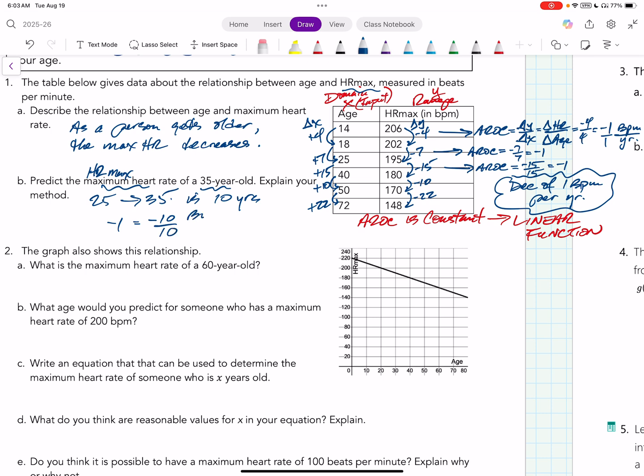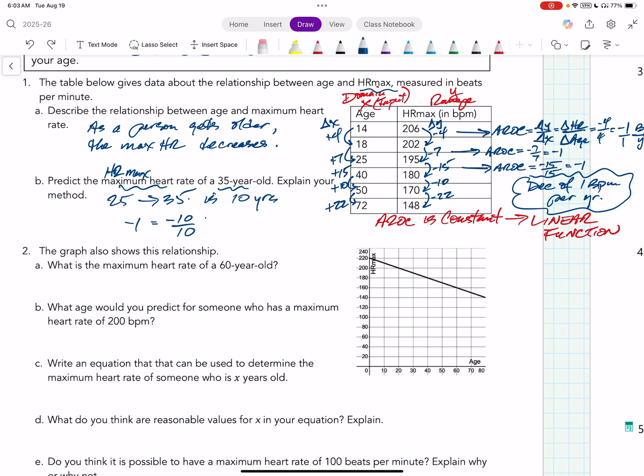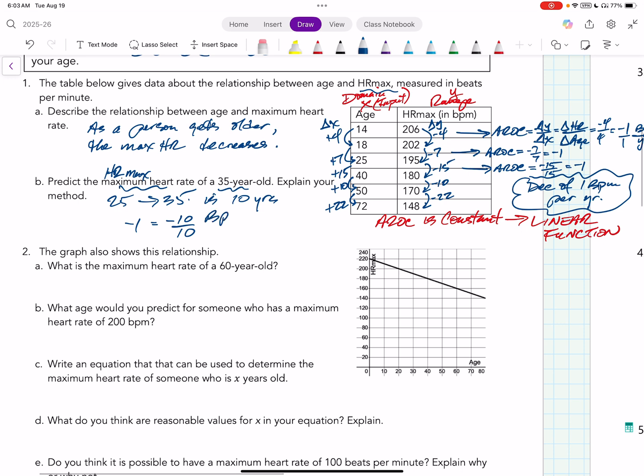So this is beats per minute over years. There's a decrease of 10 beats per minute over 10 years, which means we have to subtract 10 from our value at 25. If a 25-year-old has a maximum heart rate of 195, we're going to take 195 and subtract 10 beats per minute.